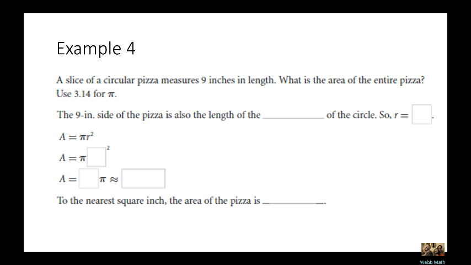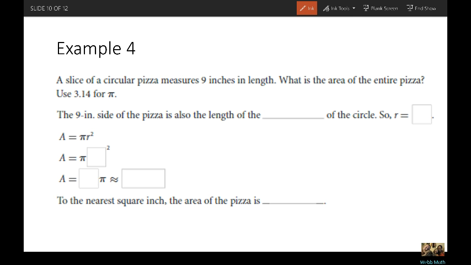So example 4, basically you're using the area formula. Again, you have to determine what they gave you. They gave us a circular pizza that measures 9 inches in length. So they gave you a pizza, they measure the length, and they tell you it's 9 inches. Well, we need to know what the radius is.